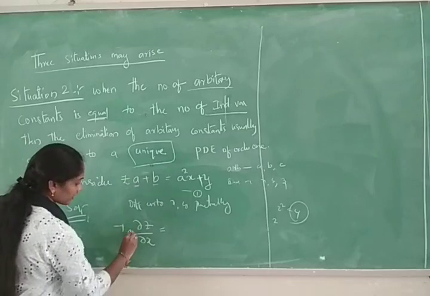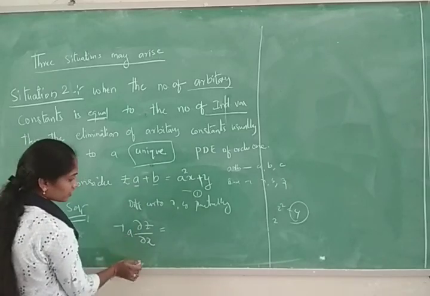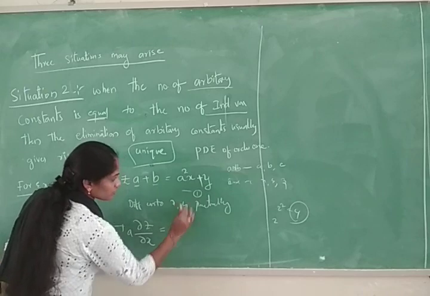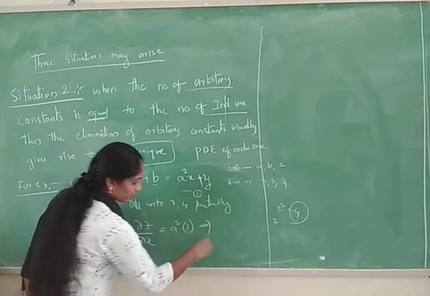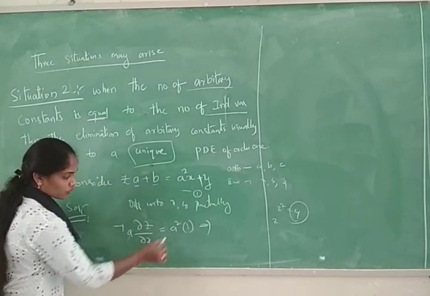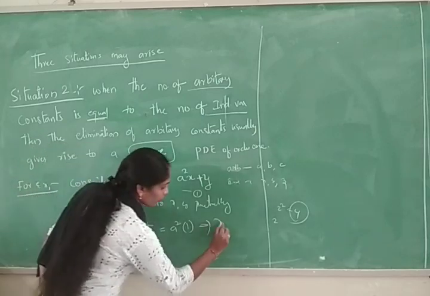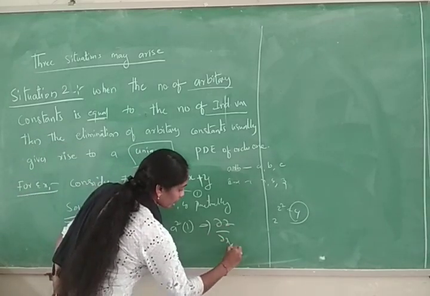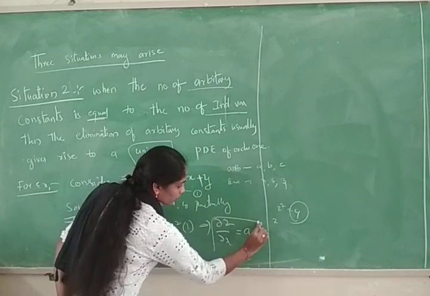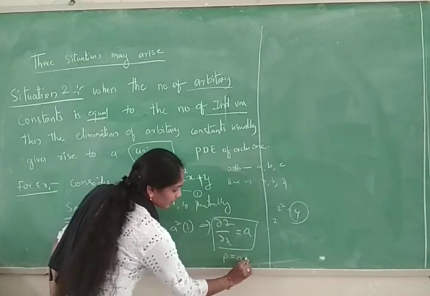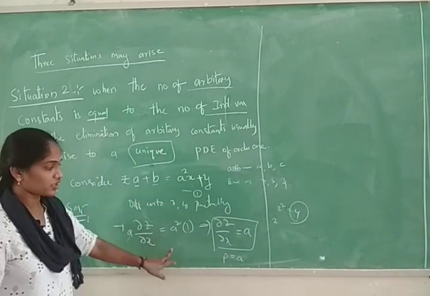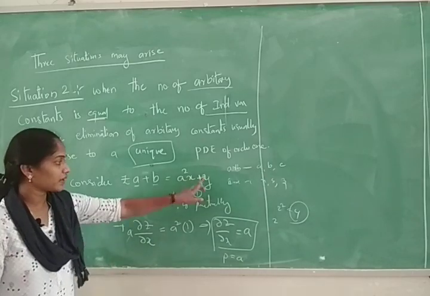And here a square is a constant, x is the 1, so a square, 1a is cancelled. So now dou z by dou x is equal to a. Or simply you can also say p is equal to a. Now this is differentiating with respect to x and treating y as constant.